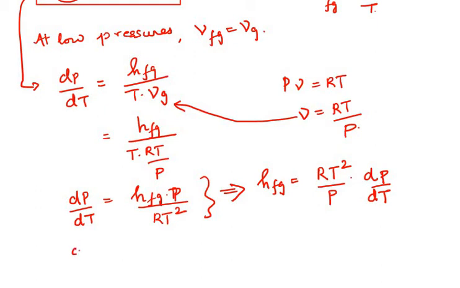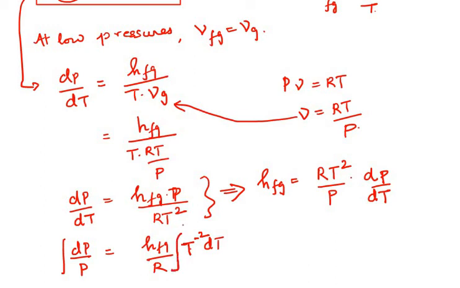Now take the pressure term on one side and the remaining on the other side. So dP/P is equal to hfg/R times dT/T squared, or instead of T squared I can say T to the power minus 2. Now integrate both sides. Here hfg/R is constant.